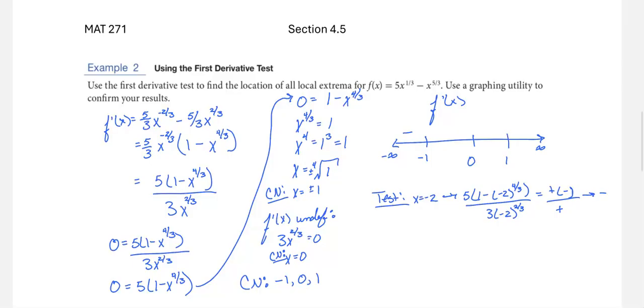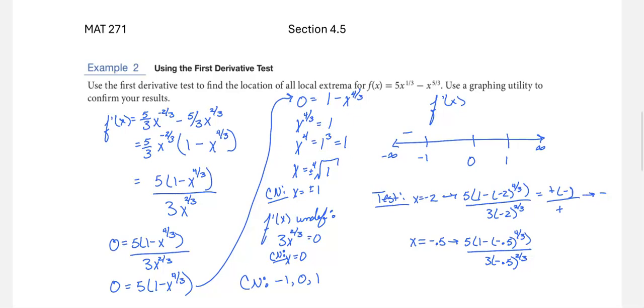So now I need to plug in something here. Let's plug in a negative 1/2 or negative 0.5. So I'm going to have 5 times 1 minus negative 0.5 to the 4/3 over 3 times negative 0.5 to the 2/3.